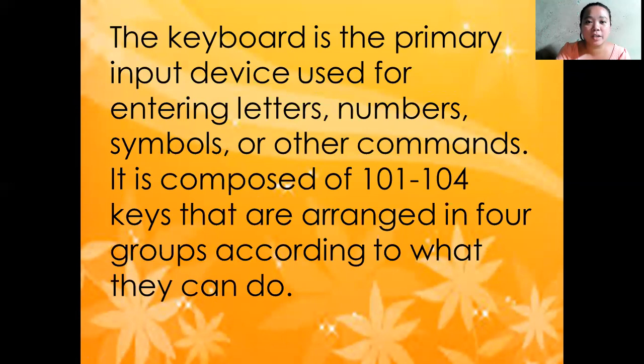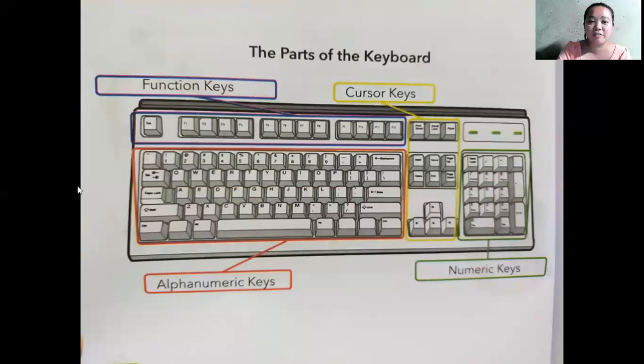What is a keyboard? A keyboard is the primary input device used for entering letters, numbers, symbols, or other commands. It is composed of 101 to 104 keys that are arranged in 4 groups. How many groups? 4. These groups are the function keys, the color blue.